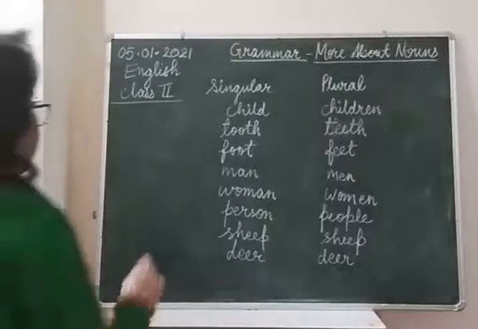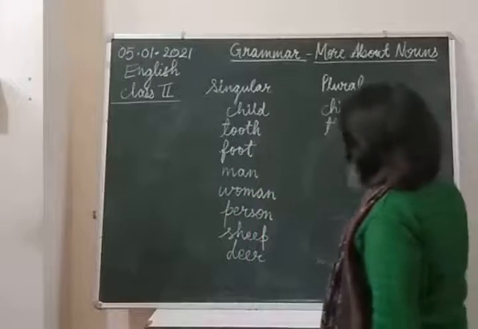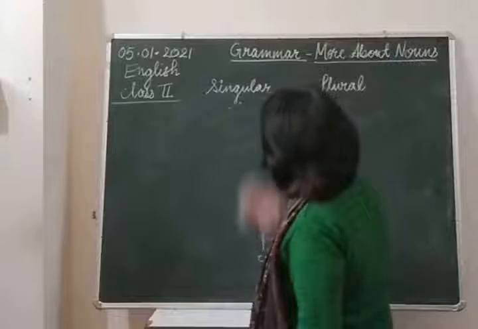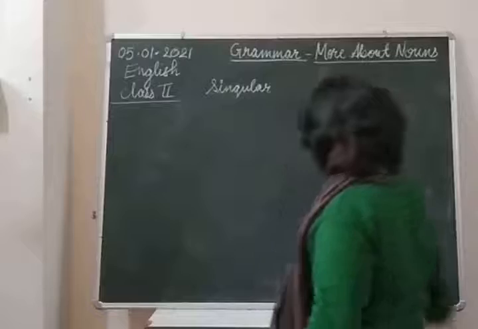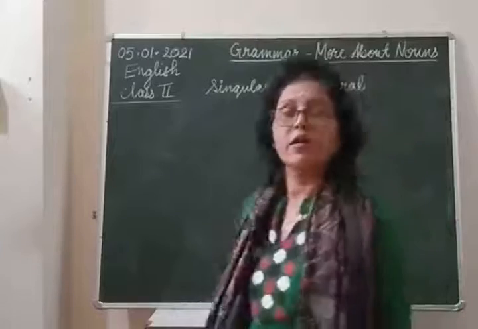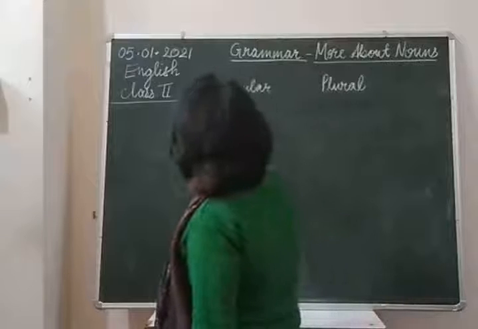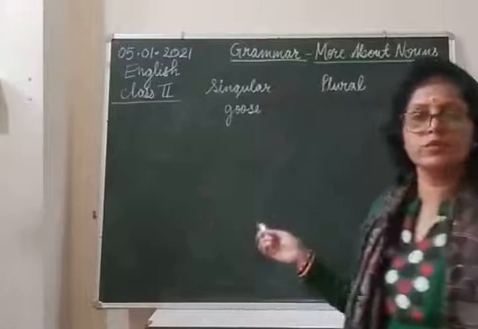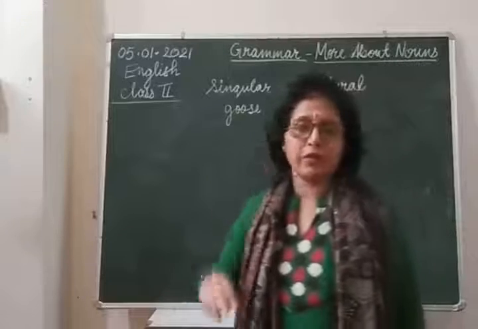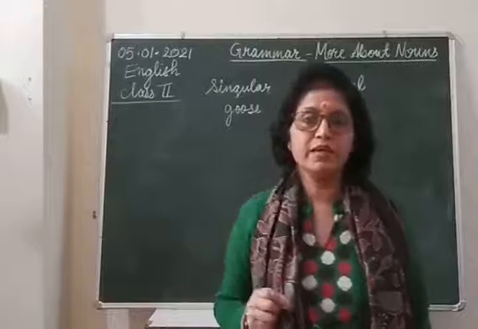So now we will have some more irregular nouns. Another noun is goose. Goose, a kind of bird. And if there are more than one goose, then we will say geese.